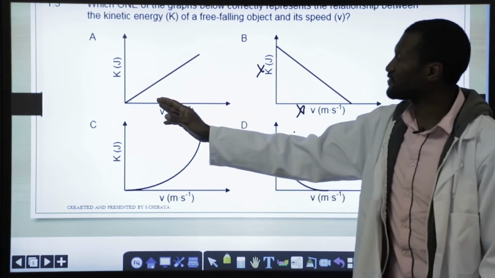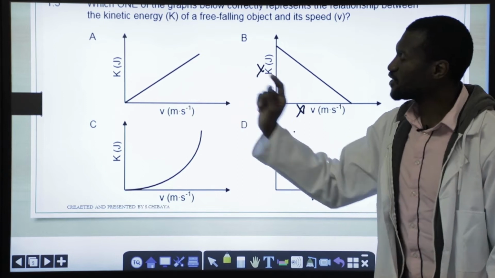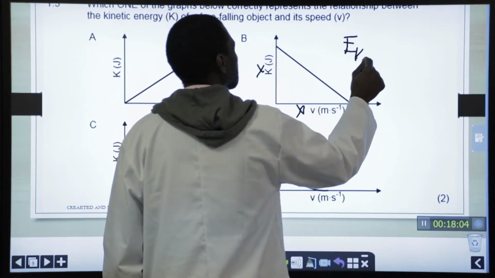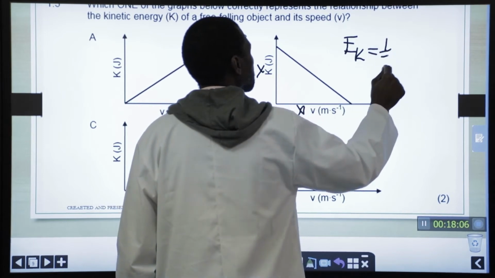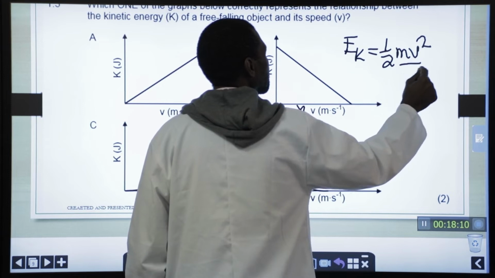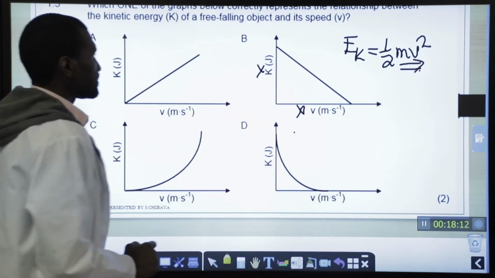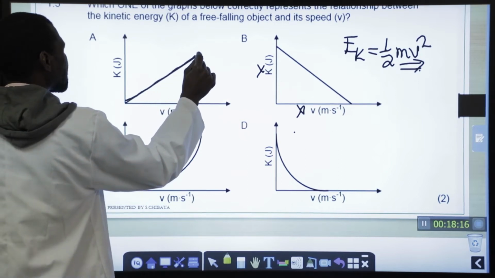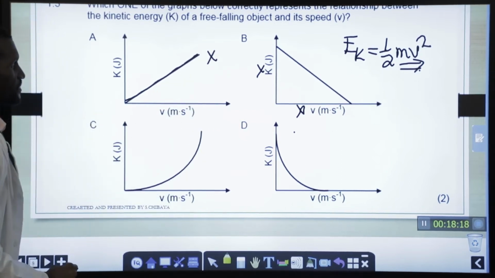Does the first graph explain it? We know that our EK is given by half mv squared. So it cannot be a straight line like that. This is incorrect.